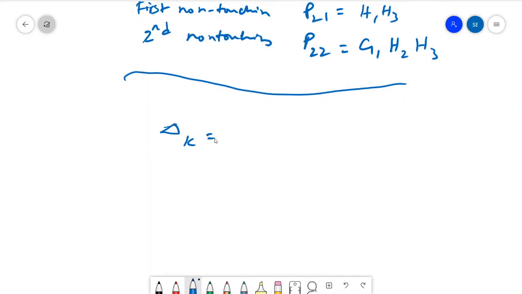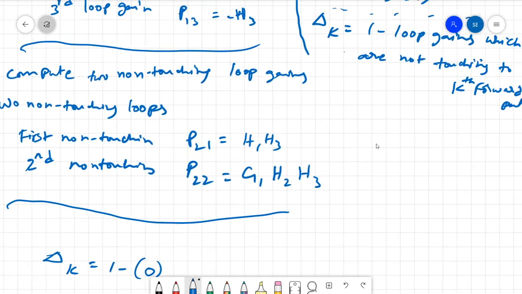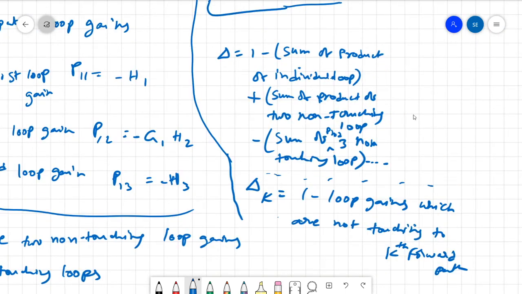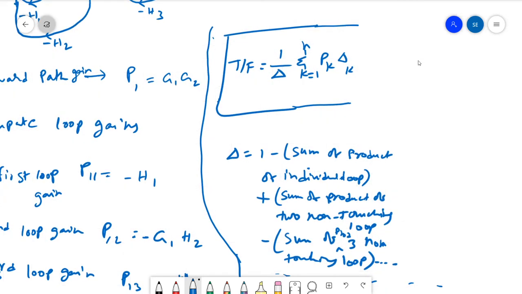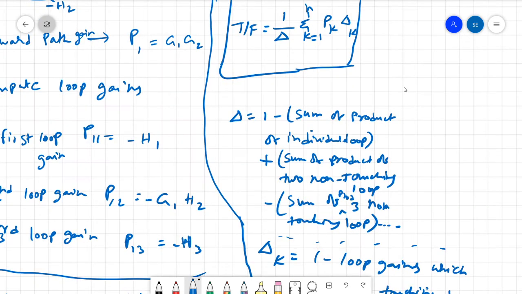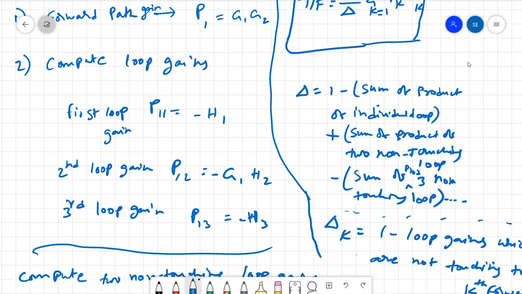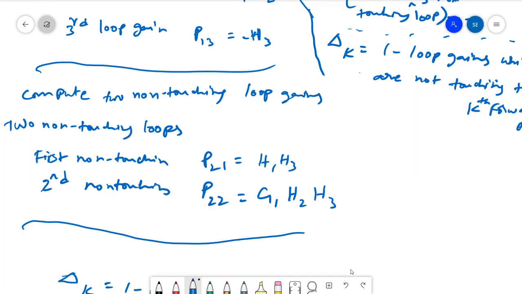Del k is equal to 1 minus, but there are loops which are touching the forward path, so we make this 0. Now we just use Mason's gain formula and substitute all the terms we got into the formula for the transfer function.